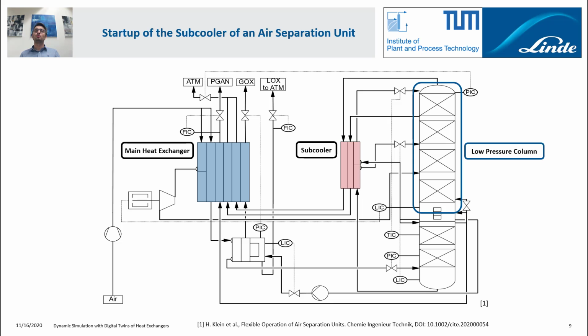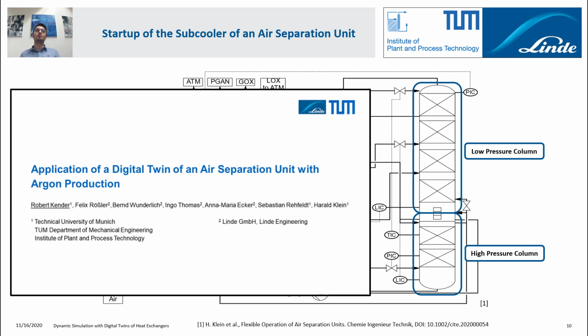The subcooler is used to thermally integrate the low pressure column and the high pressure column of the ASU. If you are further interested in ASU operation, I recommend the talk of my colleague Robert Kender, who is focused on the application of a digital twin of an air separation unit with argon production.